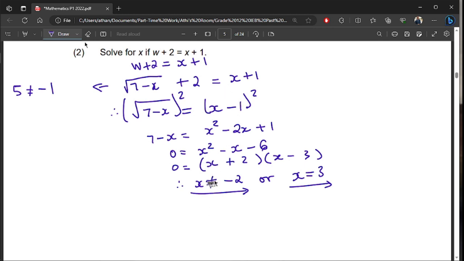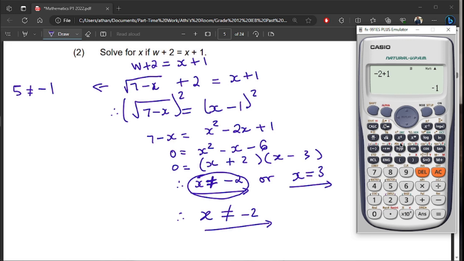So I'm just adjusting now the symbol to say that x is not equal to negative 2. Done with that part, let's go to the second one. So we said x is not equal to negative 2. Let's use positive 3.